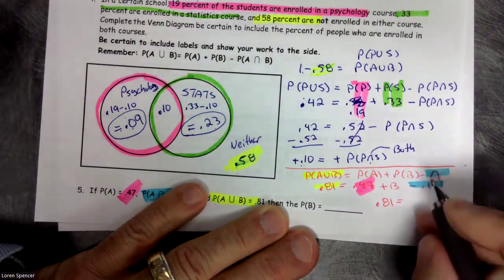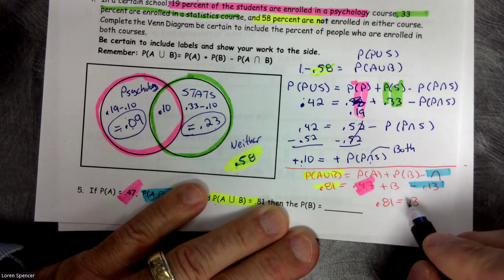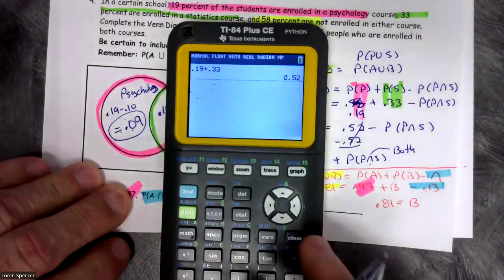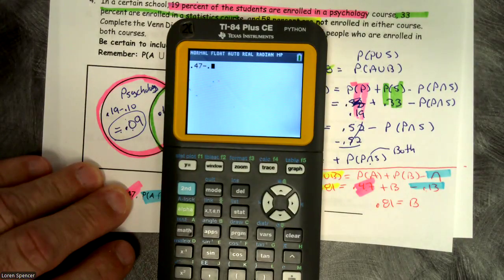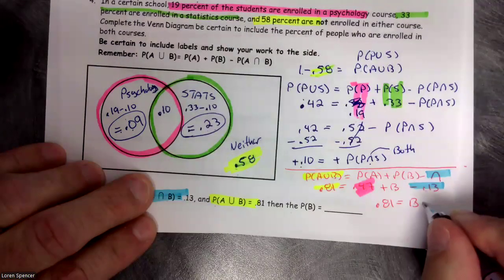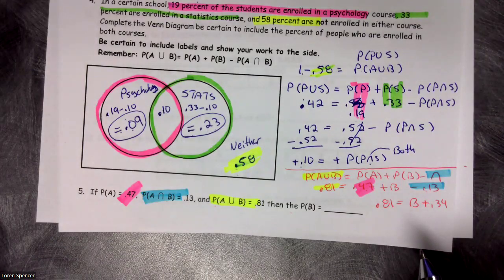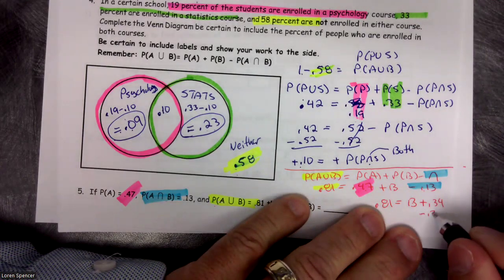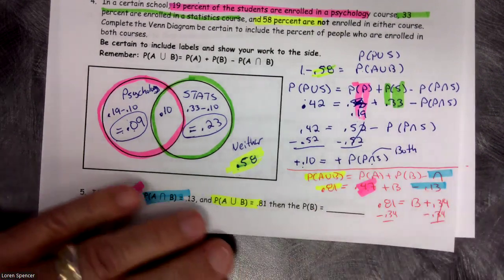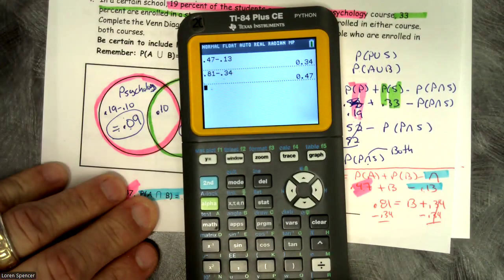And if I subtract 0.34 from both sides, I have 0.81 minus 0.34, and I get 0.47. So 0.47 equals B. Guys, I can't tell you how important it is to write the formula and start plugging in the information that you have. Okay? All right, continuing on.